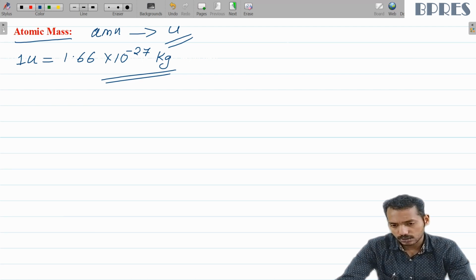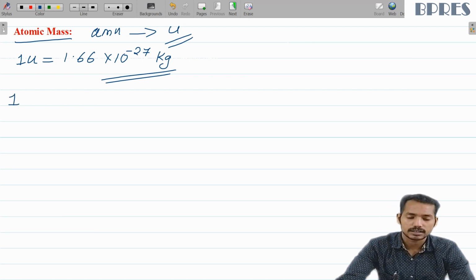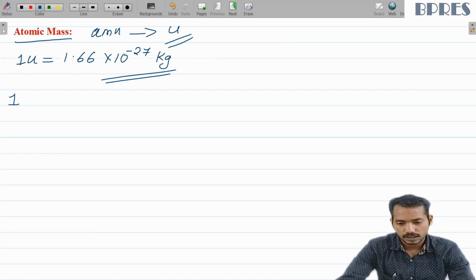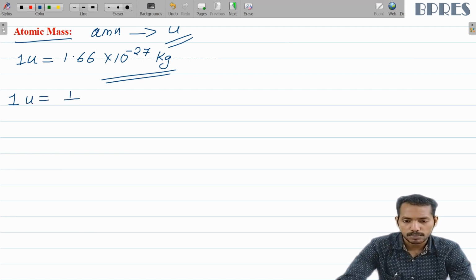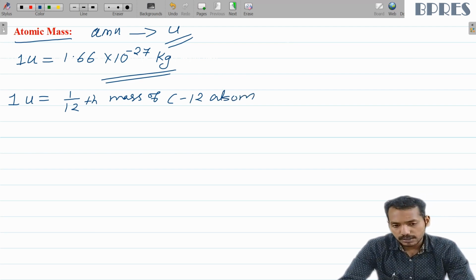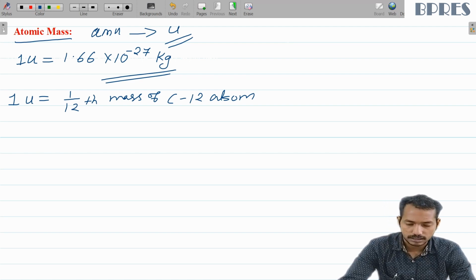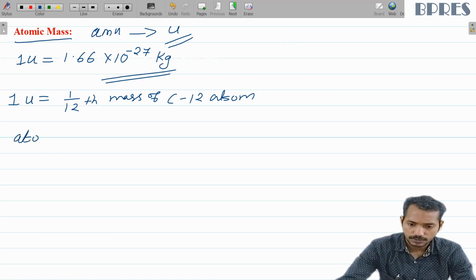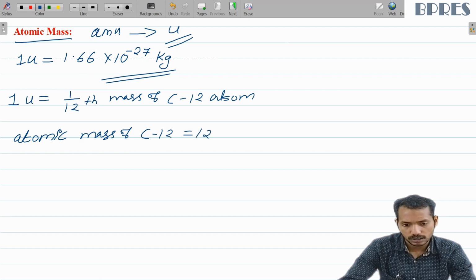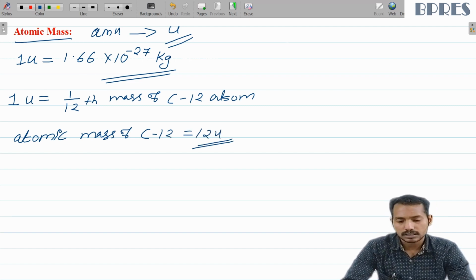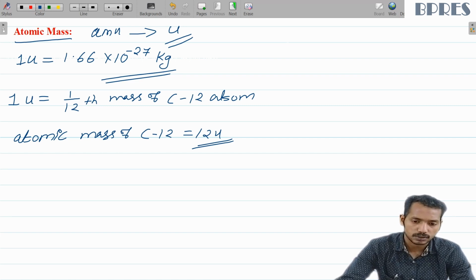How did we introduce this unit? Because we consider carbon 12 as a standard reference. Then 1 u is considered as 1 by 12 of the mass of a C12 atom. The atomic mass of carbon 12 is actually 12 u, so 1 by 12th of that will be 1 u.